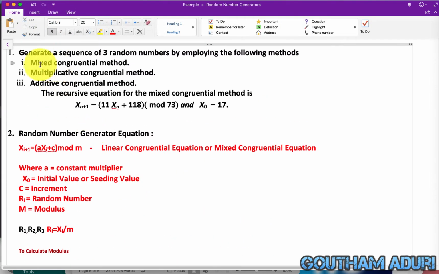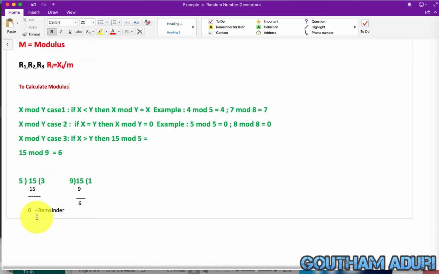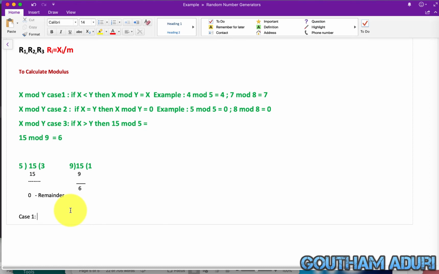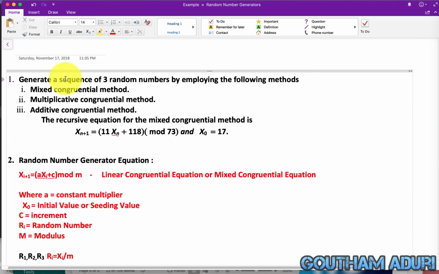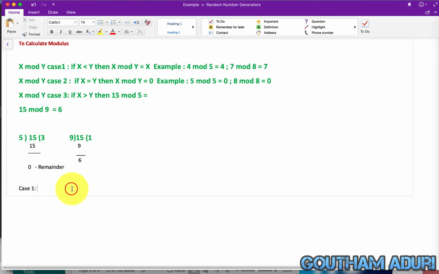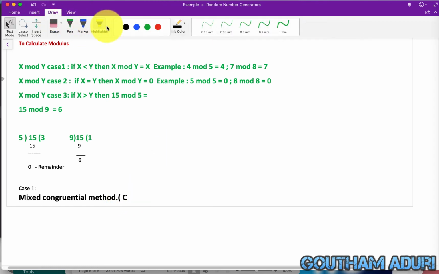Now I need to find case 1, case 2 and case 3. So case 1, I need to find 3 random numbers in the mixed congruential method. So mixed or linear, it's the same. The mixed congruential method is nothing but case 1, C is not equal to 0.